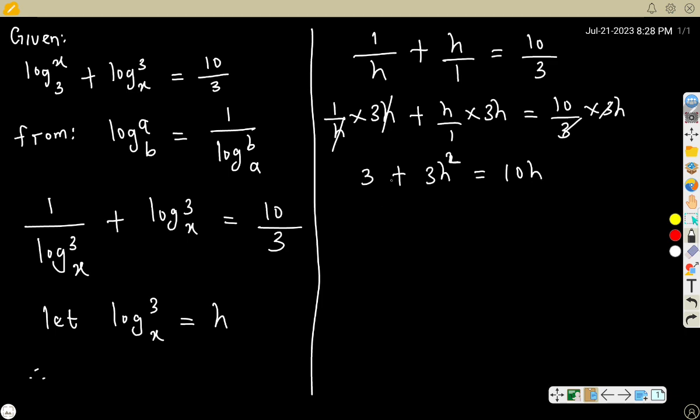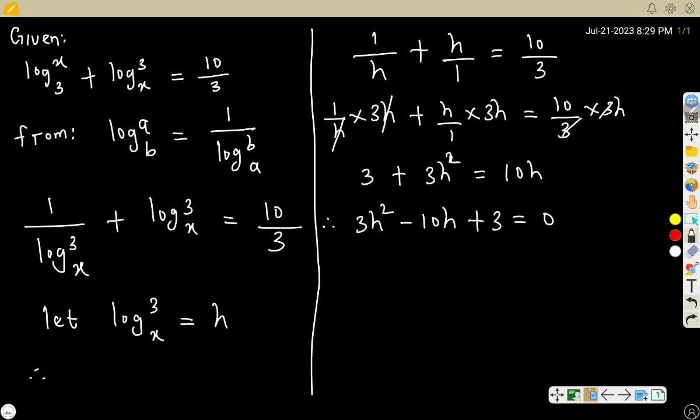You can see I would just get a linear equation straight, but because we have power 2 here, this is a quadratic equation. So we have 3h squared minus 10h plus 3 equals 0, bringing the h inside.